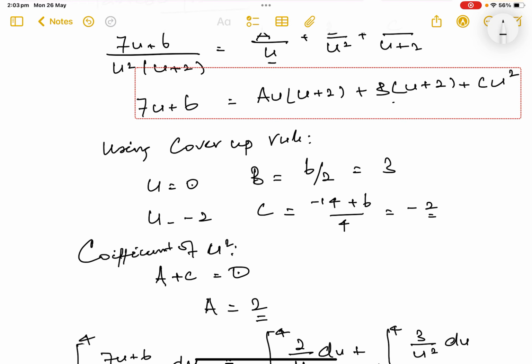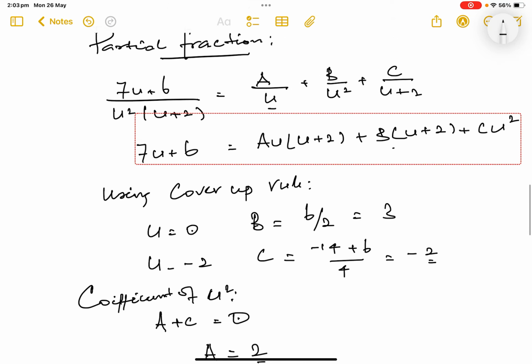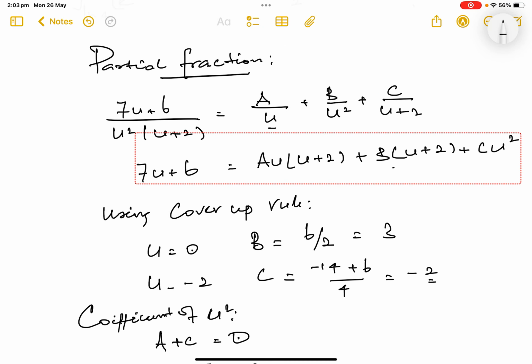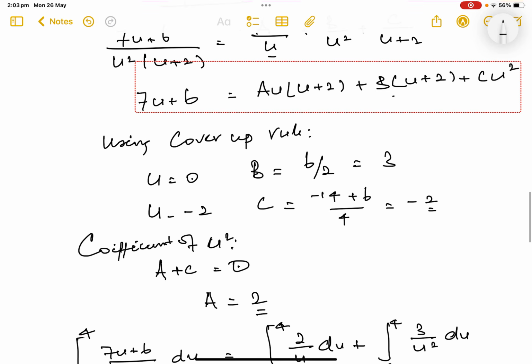You can do that by equating the coefficients of u, but I just want to use the cover-up rule in order to do it. If you have the second order function, then we can only find the constants in the denominator of the second order function. So we can only find B and C. A, we need to do by the conventional method of equating the coefficients.